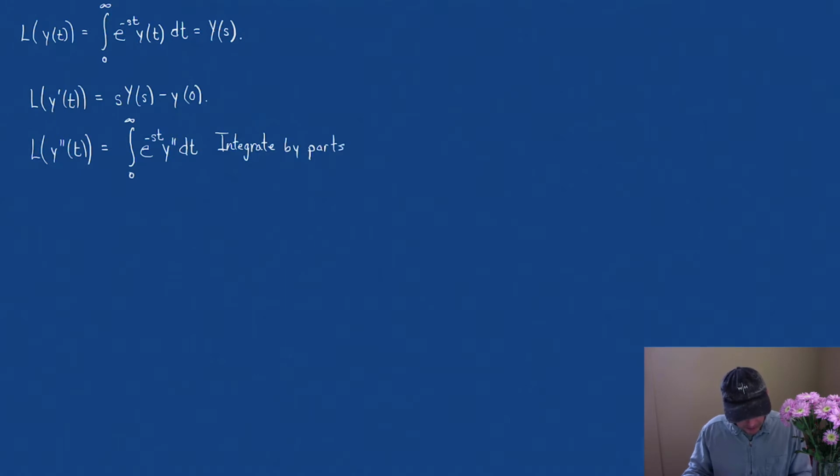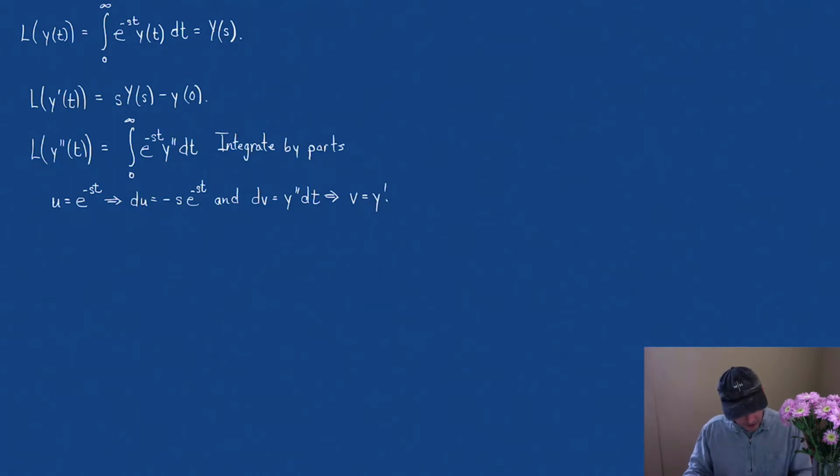Let's see, one of our parts is going to be that u is equal to e to the minus st, but that's going to give us that du is minus s e to the minus st, and our other part comes from dv, and that's going to be the y double prime dt, and that gives us the part of v is equal to y prime.